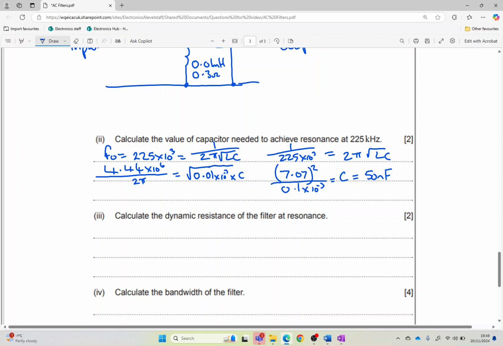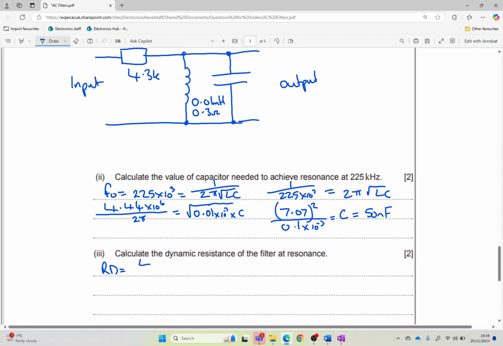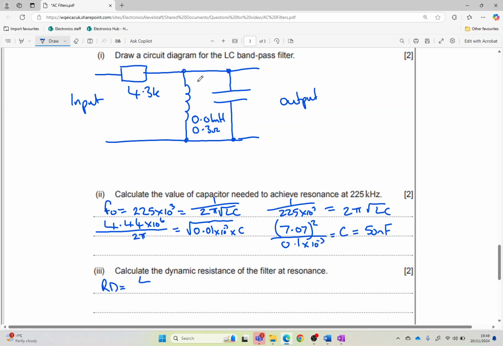So dynamic resistance: this is the approximate resistance at the resonant frequency of the combination of the capacitance and the inductance. So it just gives you the approximate resistance of those two only.